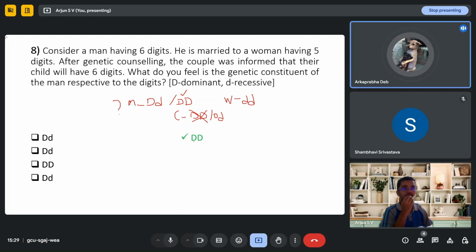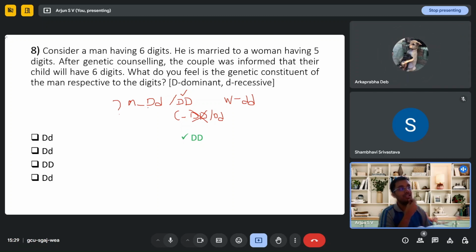Sir, why won't it be possible if there is only one capital D? Let's just work out the case then. Let's say that the male has capital D small d and the woman has small d small d. If you cross them, only in half the cases you will be getting a child with 6 digits, and in the rest of the half cases the small d will combine with the small d, leading to the child having 5 digits.